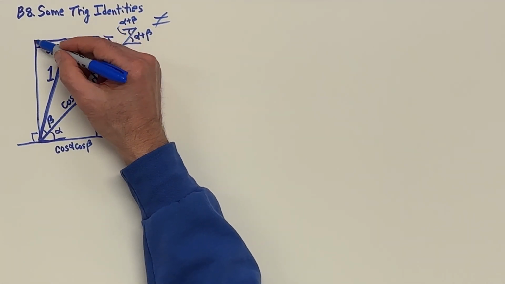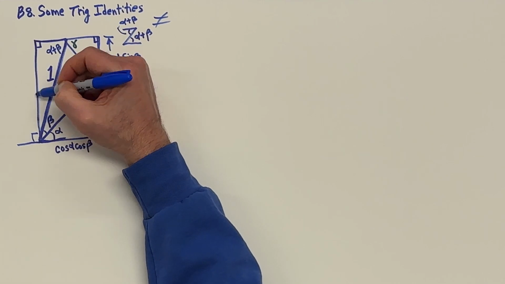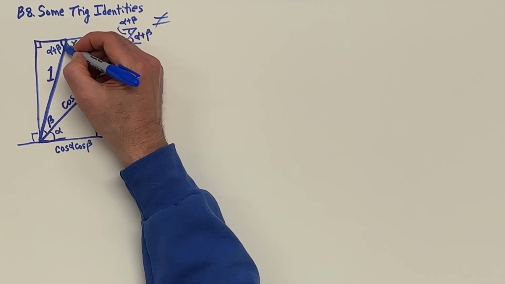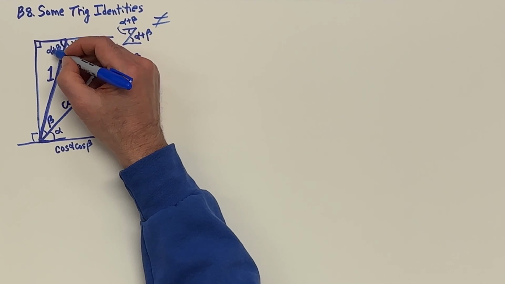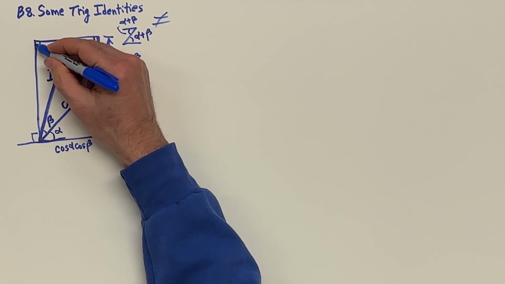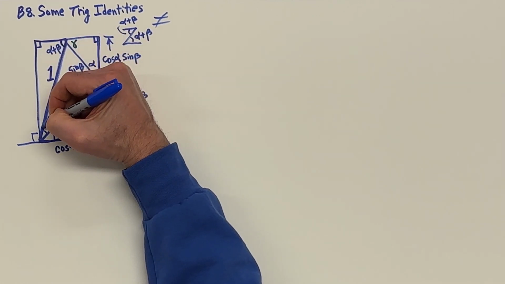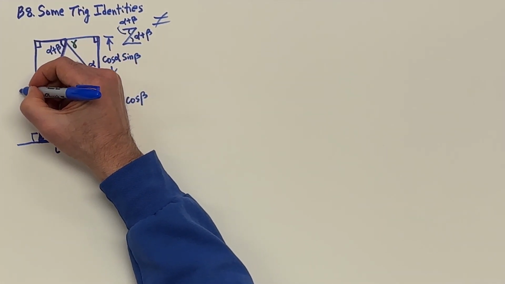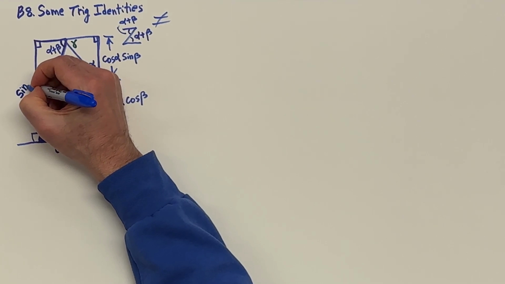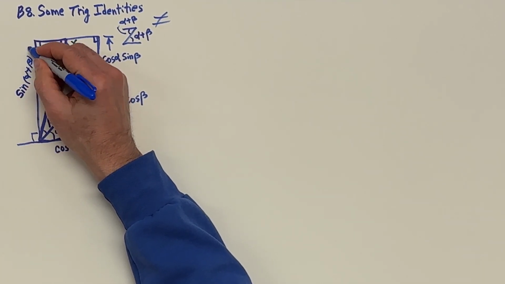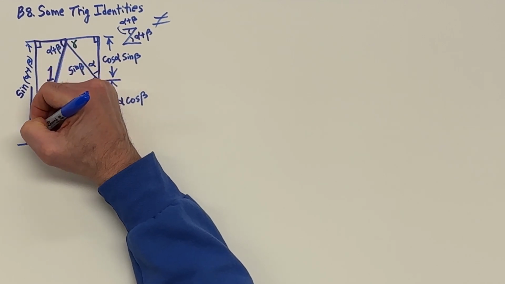Now we're going to look at this triangle and this angle in here. Now the opposite side for this angle is this one, and you have a right angle here. It's a right triangle, and this is your hypotenuse. So that means for the opposite side, this has to be the sine of alpha plus beta, this whole length.